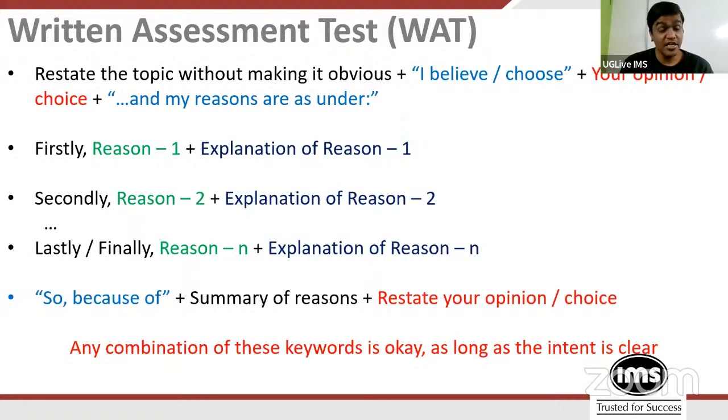That becomes your WAT if it is opinion driven or choice driven. Now, like I said, I don't need the exact keywords that I've mentioned, which is why I've written that any combination of these keywords is okay, as long as the intent is correct.